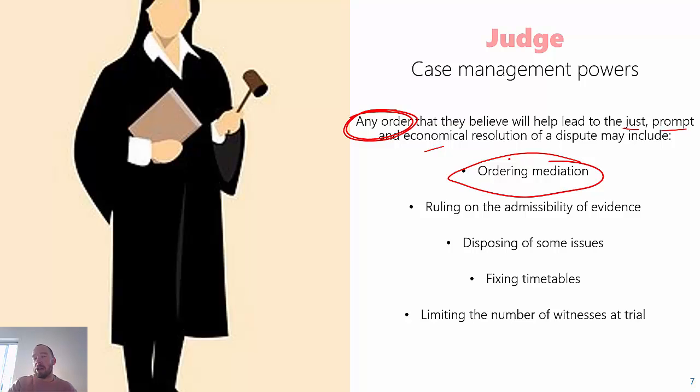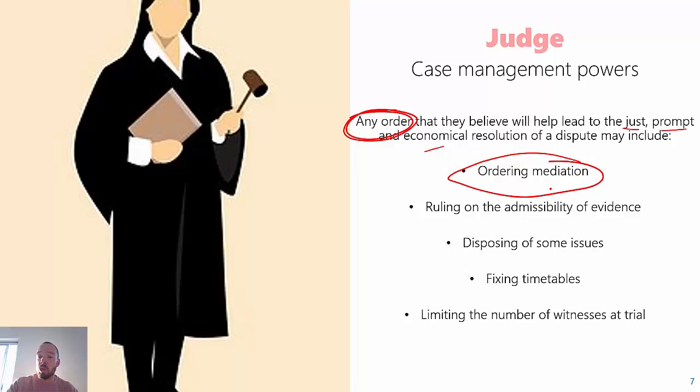Noting that later on down the track, say if you lose your civil dispute, if you've initiated it, and you were, I guess, offered a settlement or you didn't engage appropriately in things like mediation, there's a chance you'll have to pay a greater percentage of the other party's costs because of your conduct. So there are ways that you can be held accountable for your decisions regarding the orders a judge gives you. But the judge can order you to go to mediation.